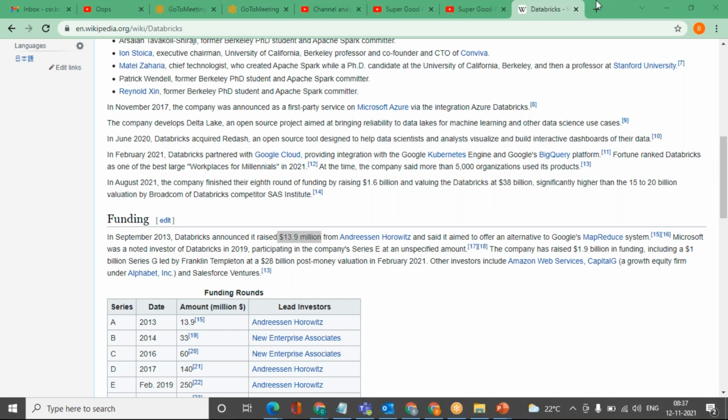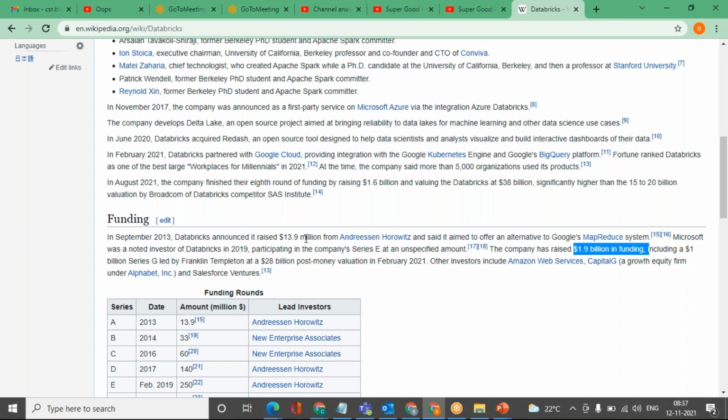After that, 2019, how much is the investment? $1.9 billion. Before it was like 2014, 15, 16, 17.